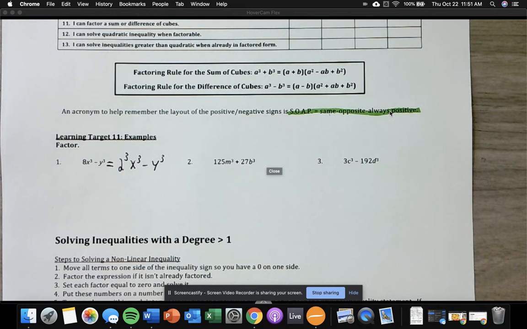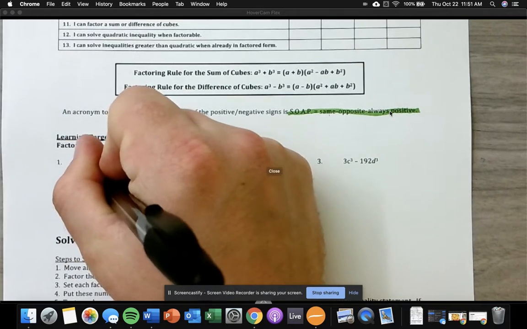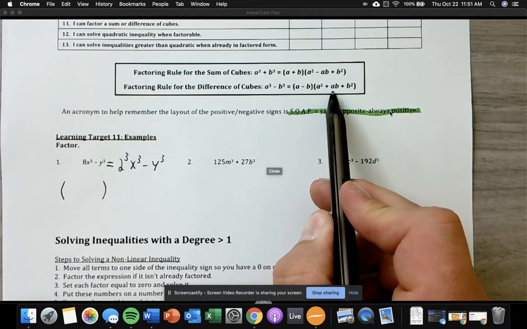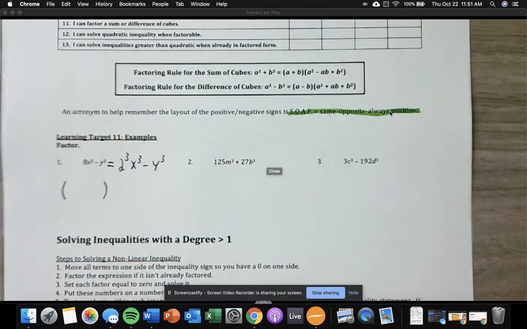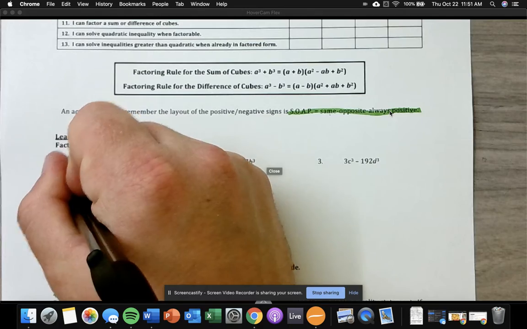That might make it a little bit easier for us to split up, because now we can write it as a minus b times a squared plus a times b plus b squared, because we know a is just going to be 2x.